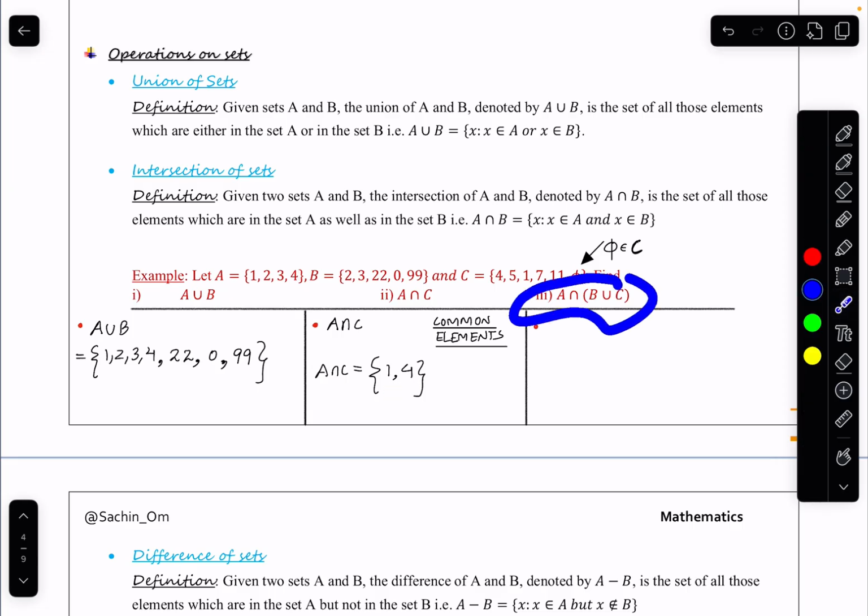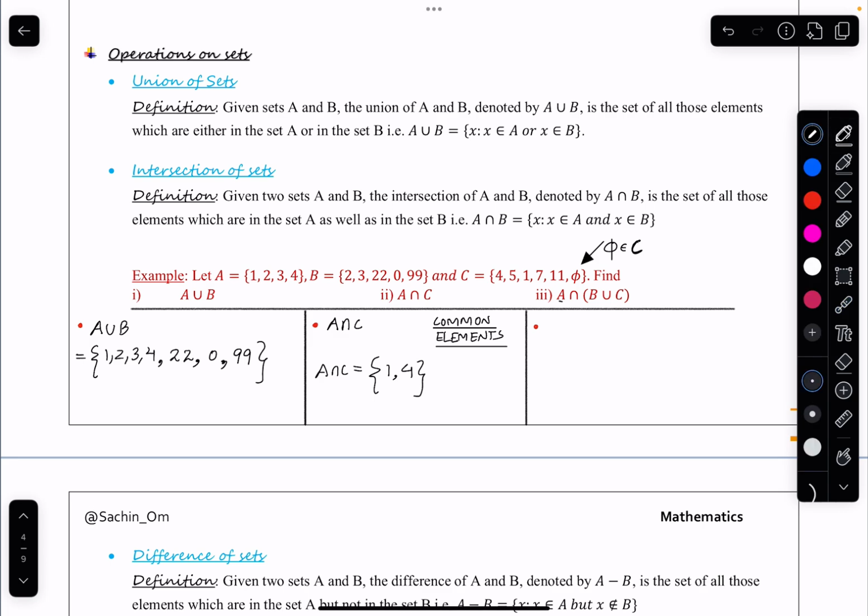The third thing I've taken is A intersection B union C. So I have to take the intersection of A with B union C. Let me solve this bracket first. I need to collect elements from B union C. Now, when we were talking about union, we are simply collecting elements of B and elements of C and then putting them together.